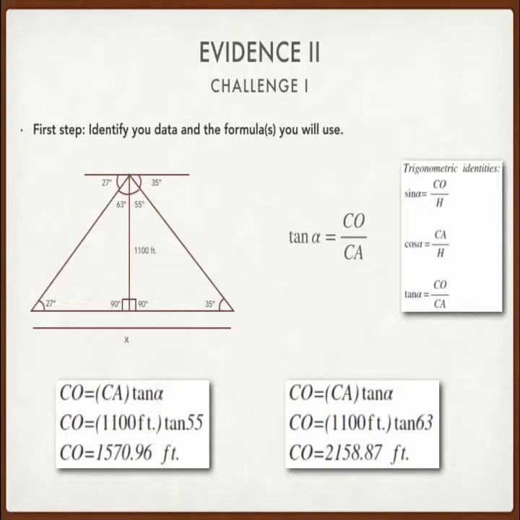So the only thing I did was to pass the adjacent leg to the other side. In the original formula, the adjacent leg is dividing. So as we are passing it to the other side, it will pass doing the opposite operation than the original formula. So in this case it is multiplying the tangent.